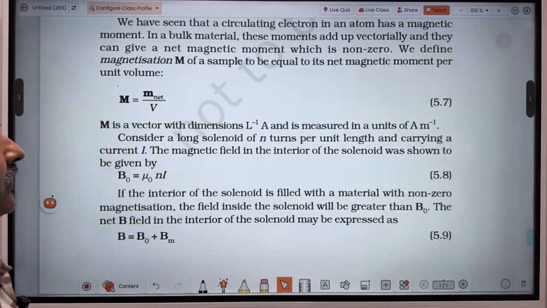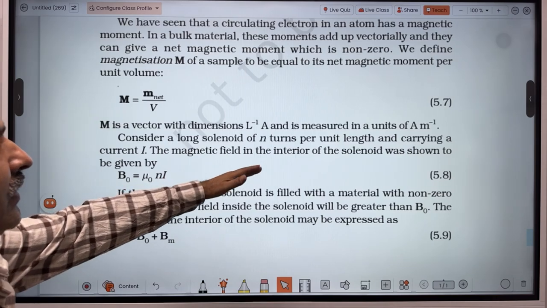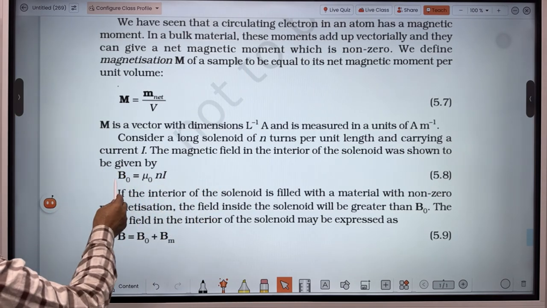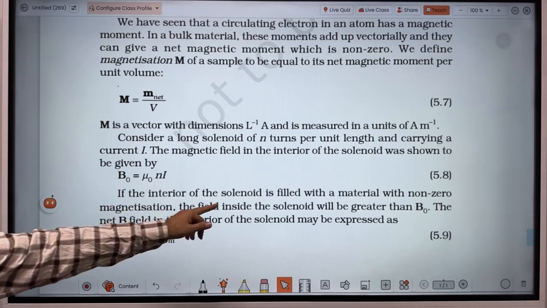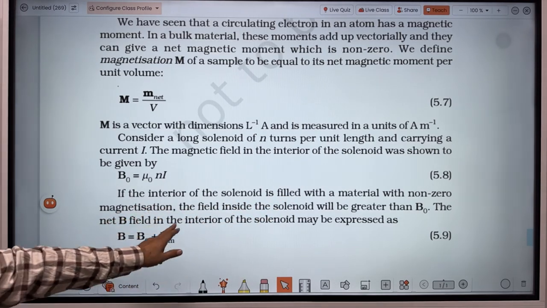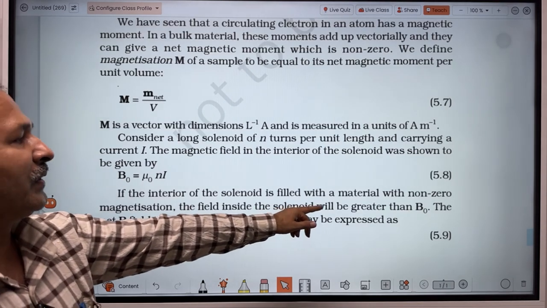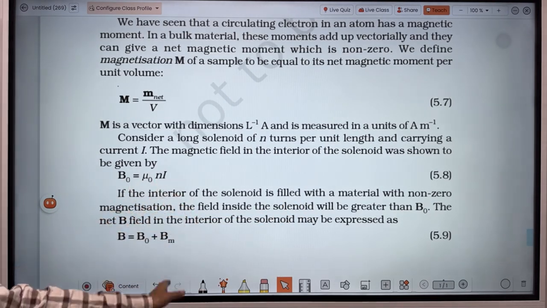Now we can consider a long solenoid of n turns per unit length and carrying current I. The magnetic field in the interior of the solenoid, as we have already found, is B0 equal to mu naught n I. If the interior of the solenoid is filled with a material with a non-zero magnetization, the field inside the solenoid will be greater than B0 because there will be addition of a field.